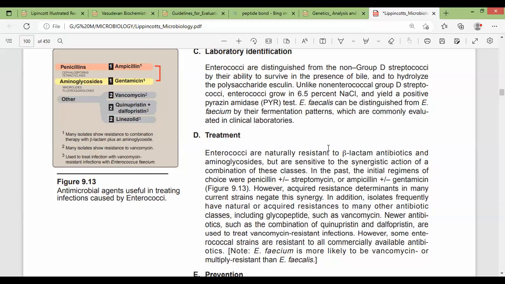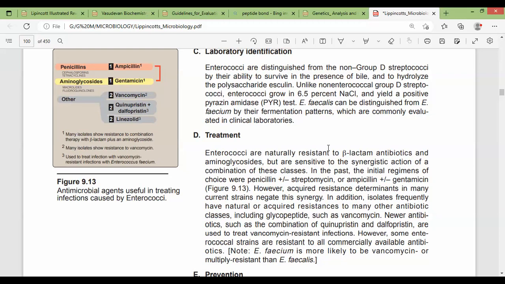But once these two come together, hey, enterococci will say rest in pieces. It cannot withstand the combined forces of ampicillin plus gentamicin. This is a common regimen.